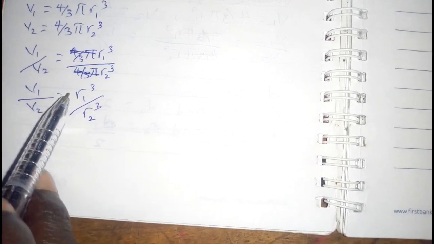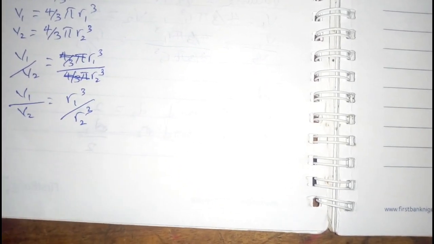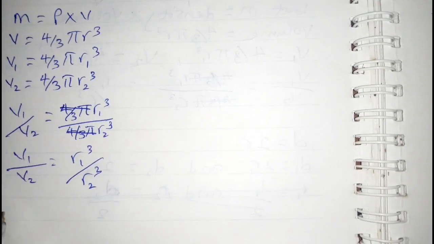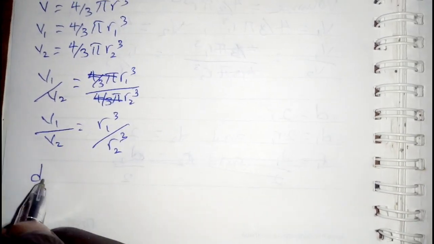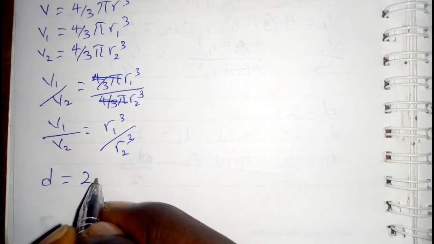So we've related volume in the form of radius, where r is the radius here. But in the question we are given diameter, and diameter, d, is equal to 2 times the radius.